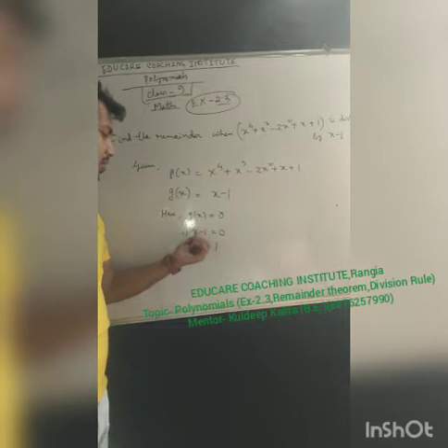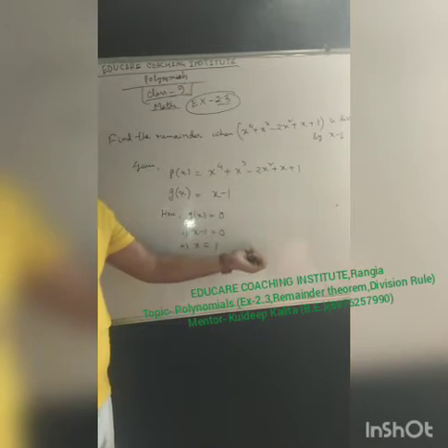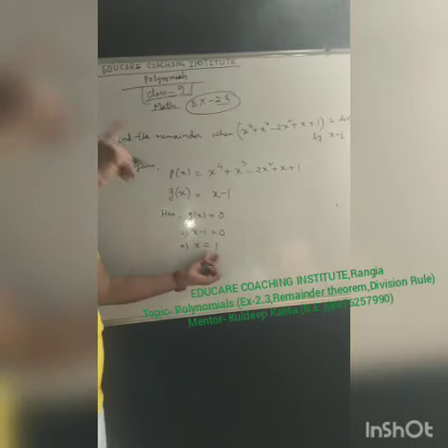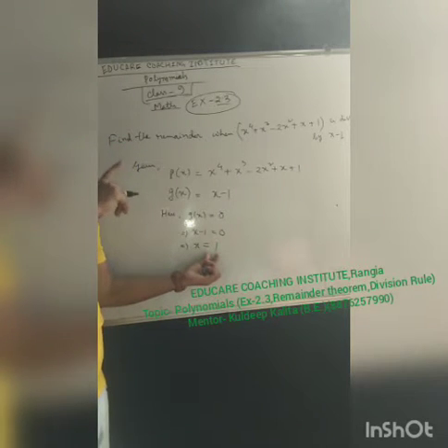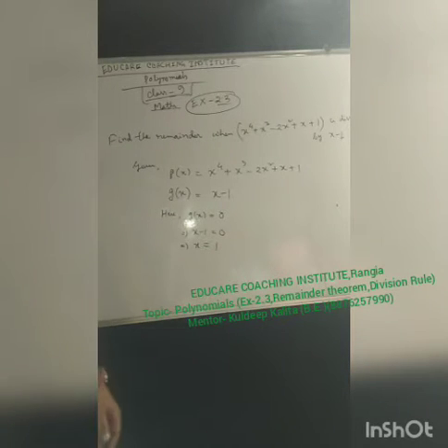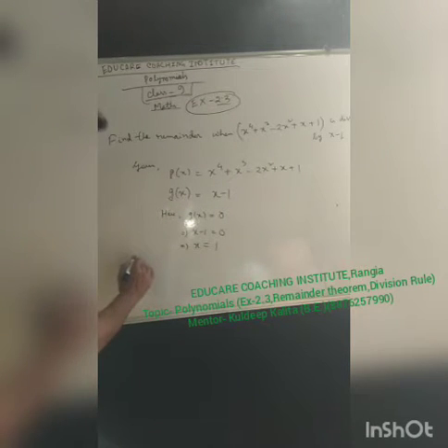That means minus 1 is transferred to the other side, so x equals plus 1. We have got the value of a mentioned in the remainder theorem. The first step is to find this value of x.